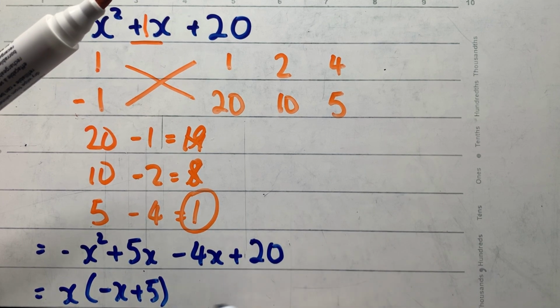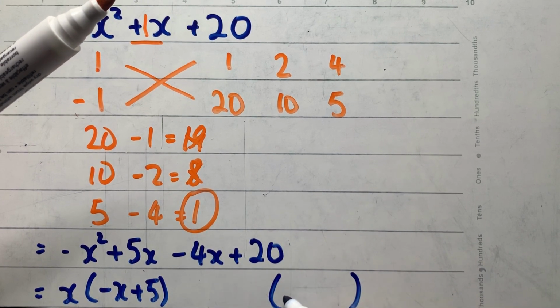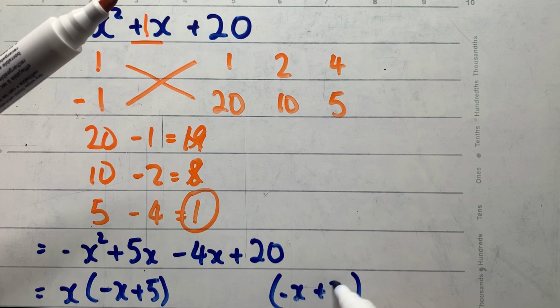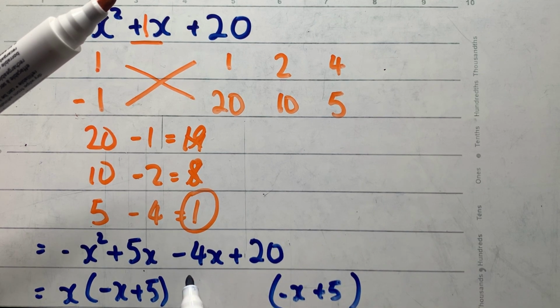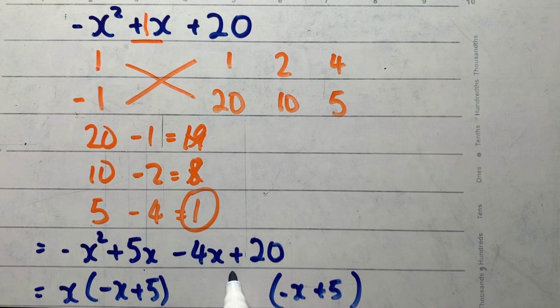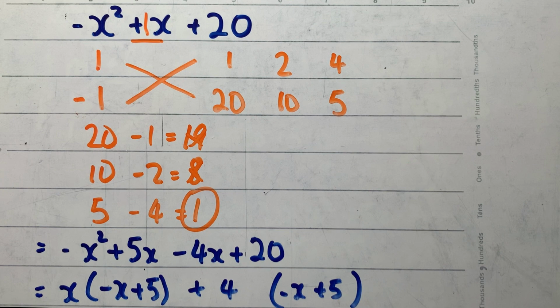That means here you also need to get a minus x plus 5. If that's the case, what is the common factor here between the last two terms? It will be a positive 4. And then this will be minus x plus 5 and x plus 4.